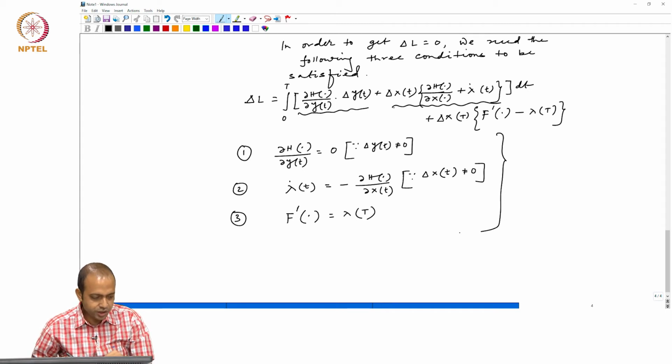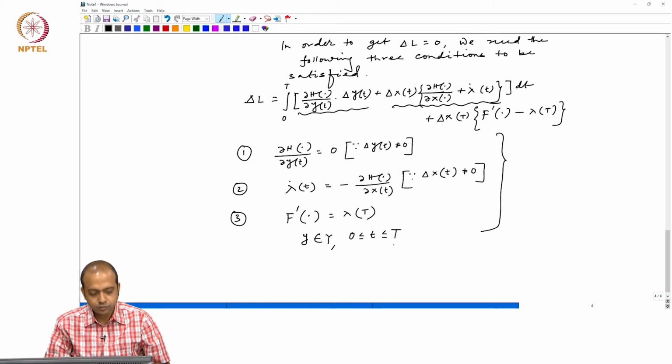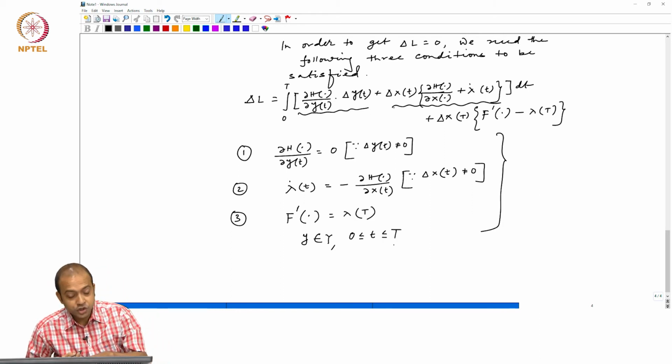Now, these three conditions taken together, for which here we should mention, for all y belongs to capital Y, this is the condition. So, this is our decision variable that belongs to a set of y.